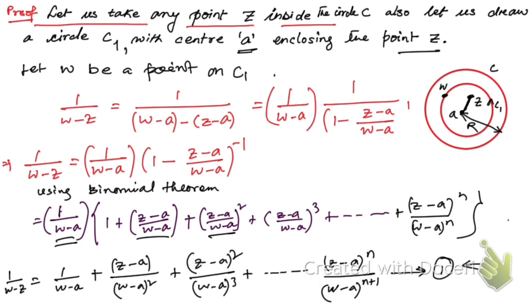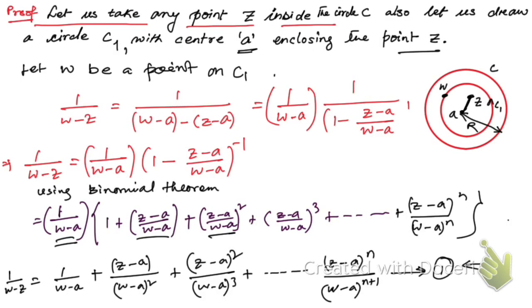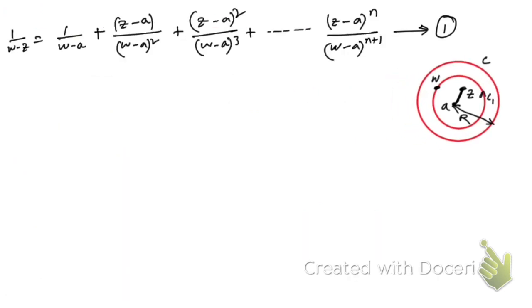Now let me copy this equation number 1 and go to the new slide. Here is the new slide, this is equation number 1, and let me take the diagram as well. So here is the diagram. Here you see, the value of z minus a is less than w minus a, right?